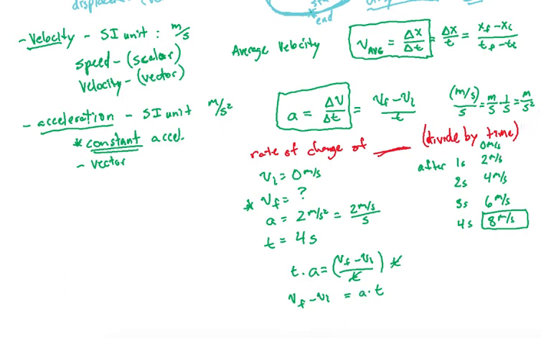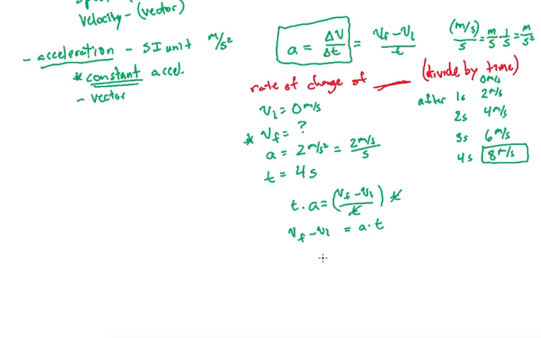Okay? And give myself a little more room there. Now, if I want to get v final by itself, I just have to add v initial to both sides, right? Just regular old algebra here. That'll cancel it out on this side, and I'll have v final equals acceleration times time plus v initial. And then all I have to do is plug my numbers in.